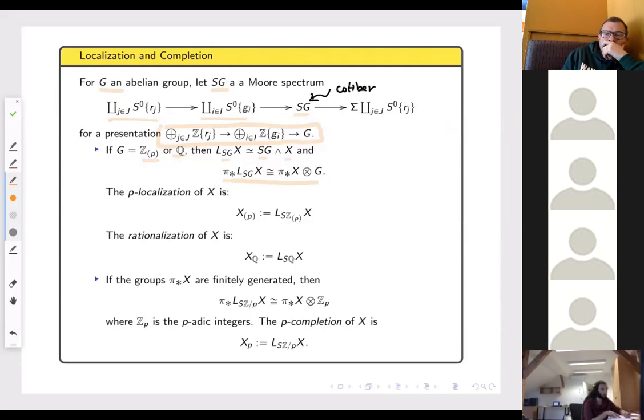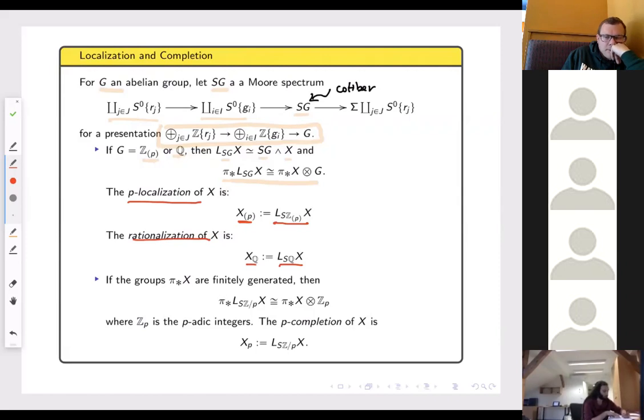The P localization of X is denoted X sub brackets P, and it's this localization. The rationalization of X is X sub Q, and it's that localization. Okay, so that's the usual localize-at-a-prime-P type thing.